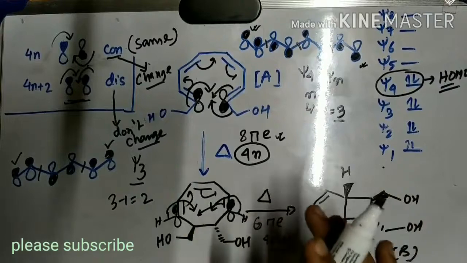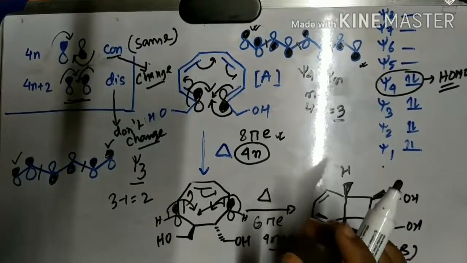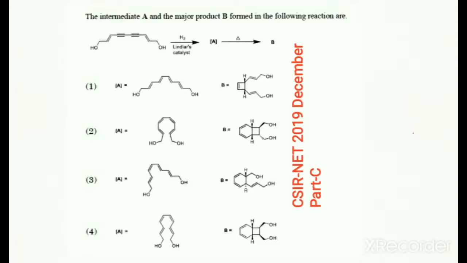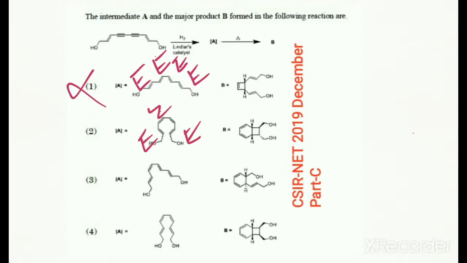So I hope you understand this logical answer. Now guys, if you see option 1, then the terminal alkene will be trans, right? Trans means that will be E. So the terminal alkenes will be E, and in the middle that also will be E, right? So here all four are the E configuration, hence this is not the correct answer. In option 2, the terminal will be E, and the middle will be Z. So this may be the correct answer.